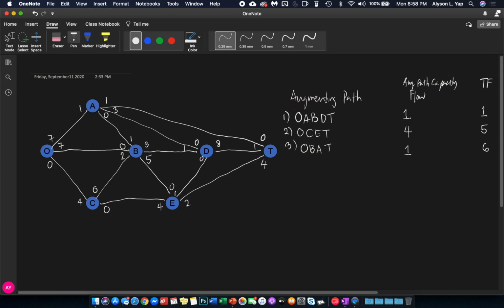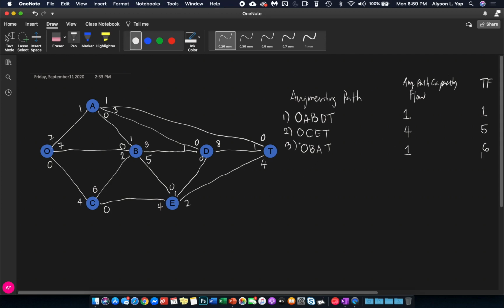Because if you look at this augmenting path, OABDT, you actually let one unit move from A to B. And because you let one unit move from A to B, you can let one unit move back from B to A.